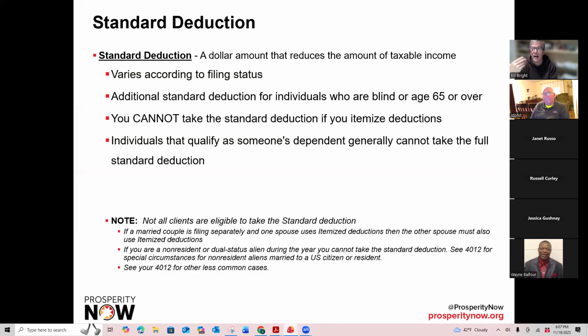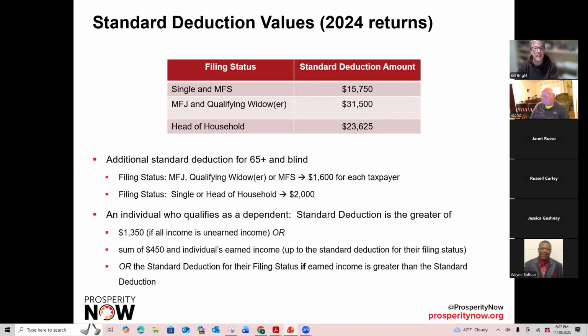There's an additional standard deduction, you get higher if you're over 65. Again, you can only take one or the other. Some people have to itemize if they're filing married separately, and one itemizes and the other one has to. Generally, our folks that are married filing separate, neither one itemizes, so we hardly ever see that.